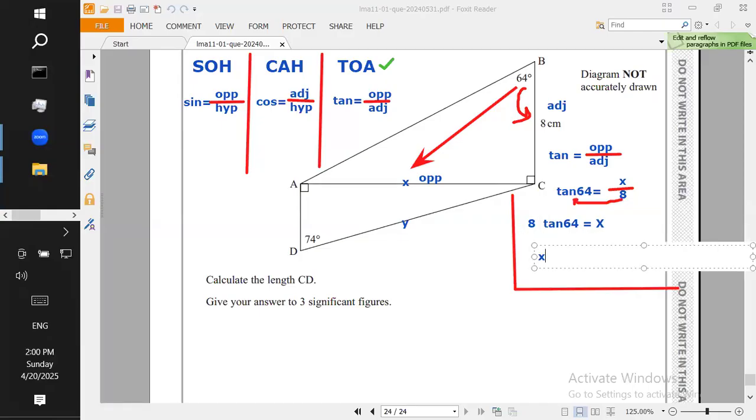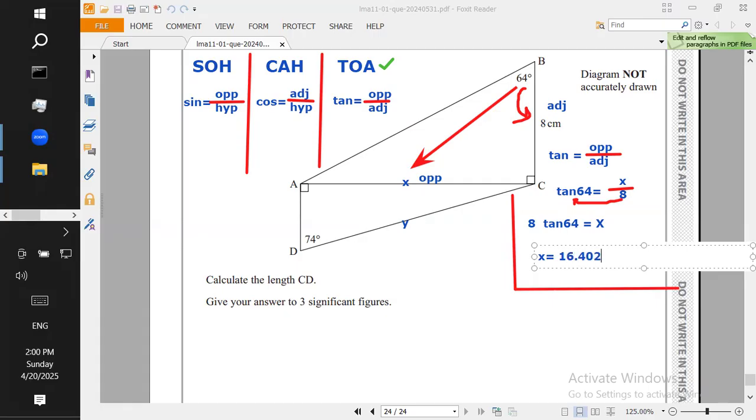This means that the value of x will equal, use the calculator to find out. Always put the 8 first, so 8 times tan 64, and the answer is 16.402.